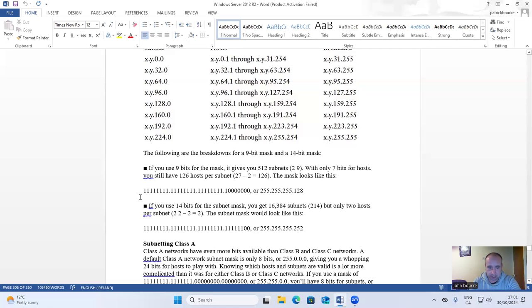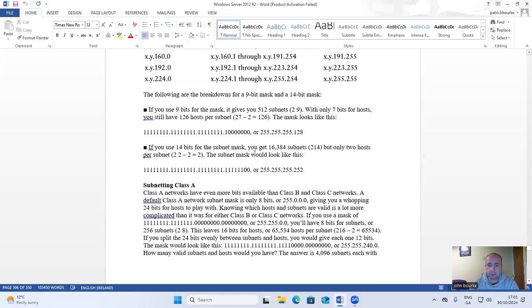The mask looks like this: 11111111.11111111.11111111.10000000, or 255.255.255.128.